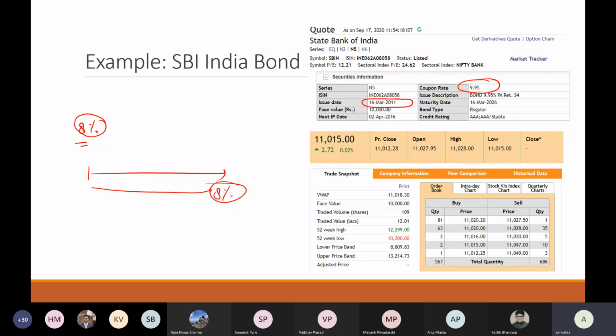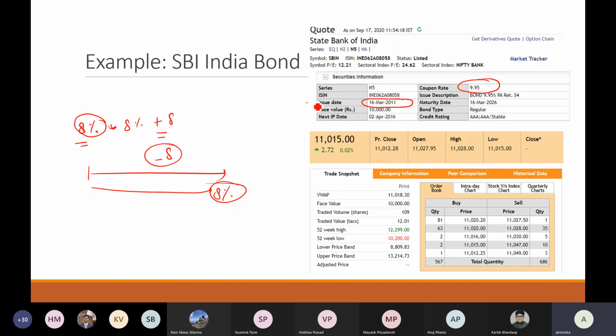But you think about a scenario where the interest rate is changing every year. So in that case, you may not want to have 8%. You may want 8% plus delta or minus delta. Delta means if you think interest rate will go up, you should also get more return to compensate, because you are going to buy this instrument.